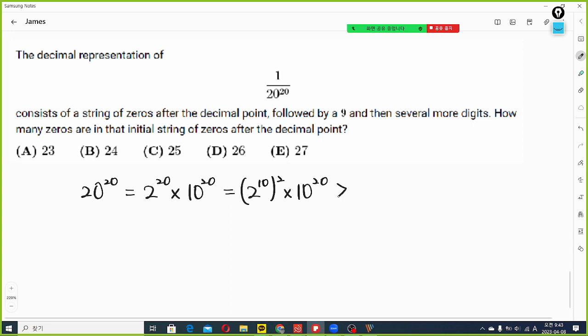So because 2 to the 10th power is greater than 1000, we can make it 1000 cubed times 10 to the 20th power. That's 10 to the 26th power.